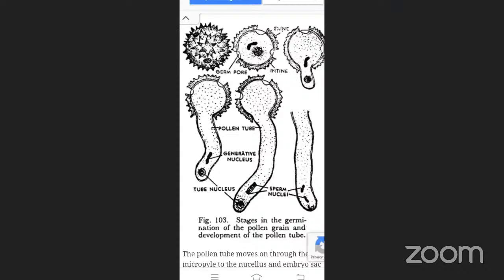The growing region of the tube, the pollen tip, has a growth zone, a vacuolation zone, and a cytoplasm zone. Each pollen tube has a growing zone, a vacuolation zone, and the cytoplasm.